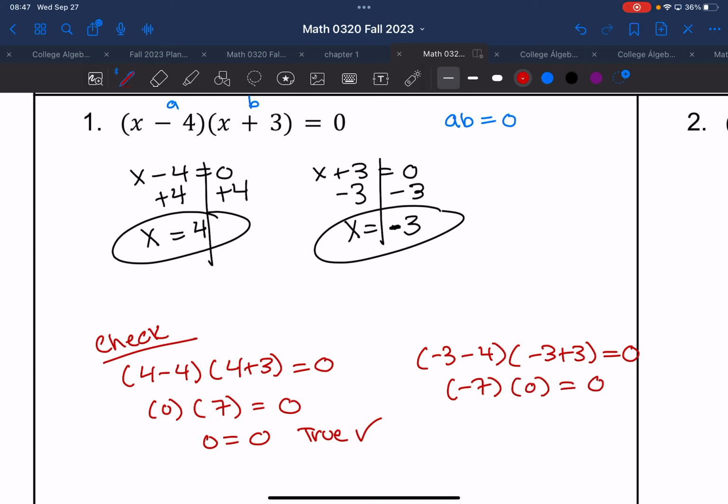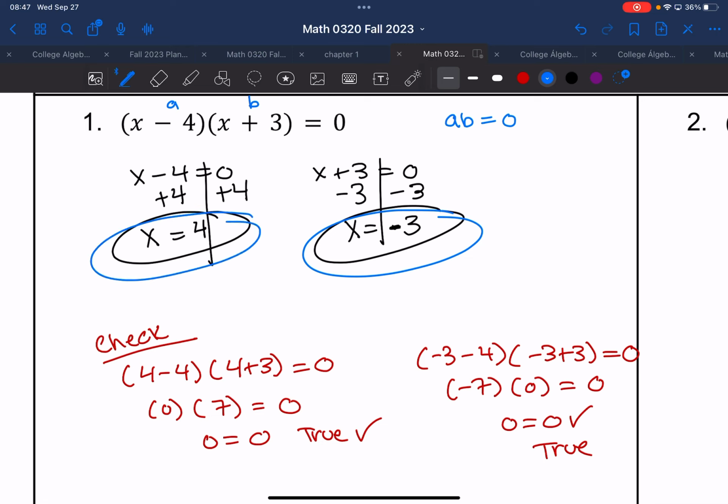Negative 7 times 0 is 0. 0 equals 0 is a true statement. So again, this was just a way to check your work. These are your answers up here. Any questions on number 1?